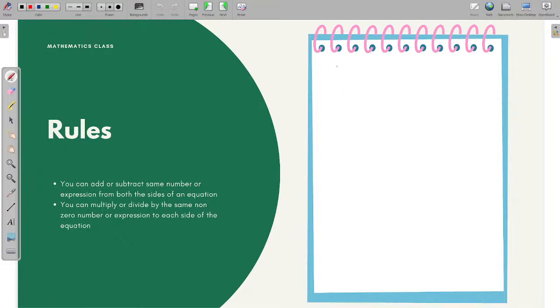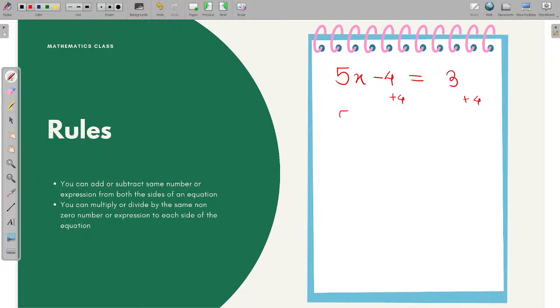To solve any linear equation, we have a few rules. If you add or subtract the same number from both sides, then the solution of the equation remains unchanged. Let's say the equation is 5x minus 4 equals 3. What if I add plus 4 on both sides?